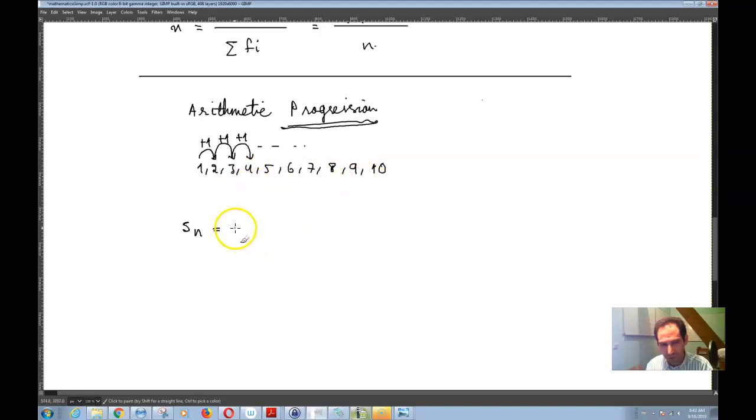That is a plus n minus 1 times d. That is basically the a of n. I'll tell you what I mean by a of n. But then there is something else, which is S of n.